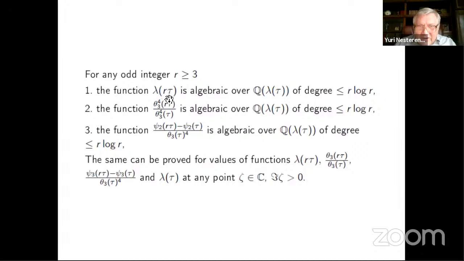In this way, we can construct an infinite sequence of points where the argument lambda of r tau is algebraic, and the values at these points are algebraically connected. You see, the problem is that an algebraic point can be any point in the unit circle, even rather far from zero.